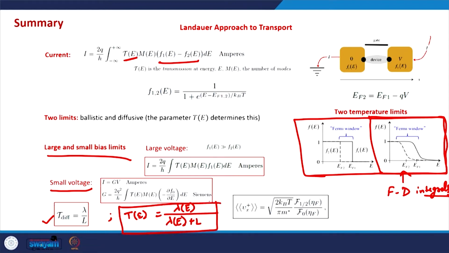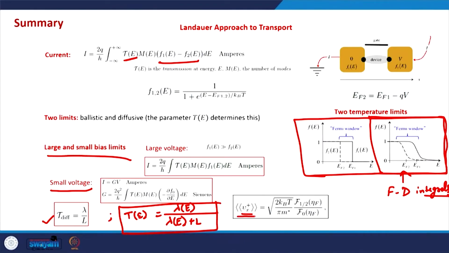And in our previous class we discussed that the unidirectional thermal velocity is the velocity of electrons going from the source side to the drain side, averaged over angle and averaged over various energy states, and this is the expression of the double average.